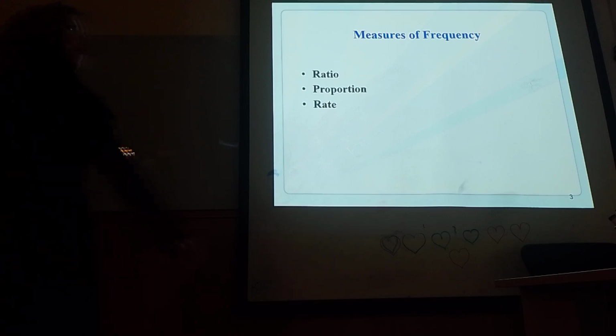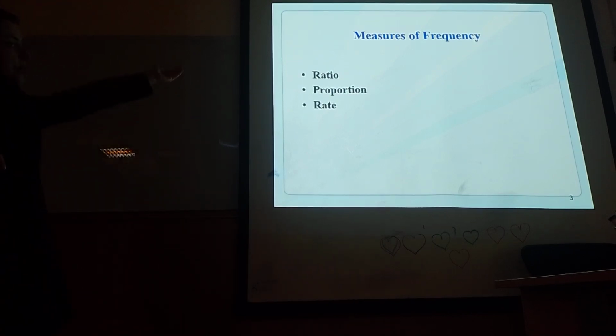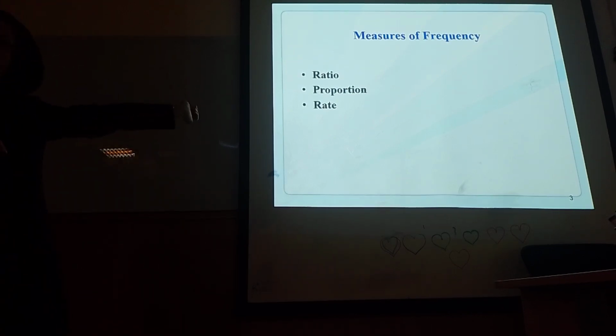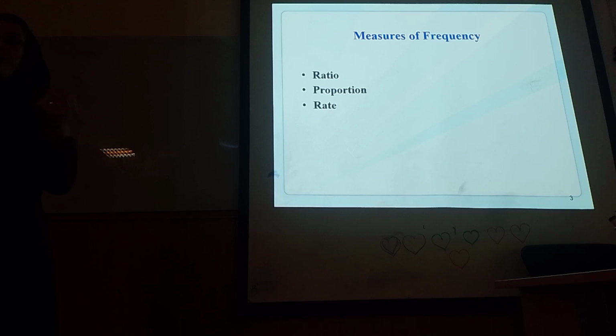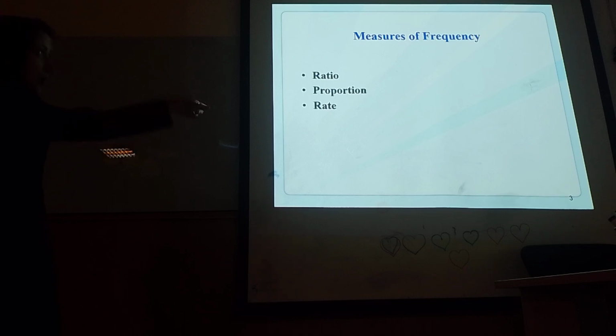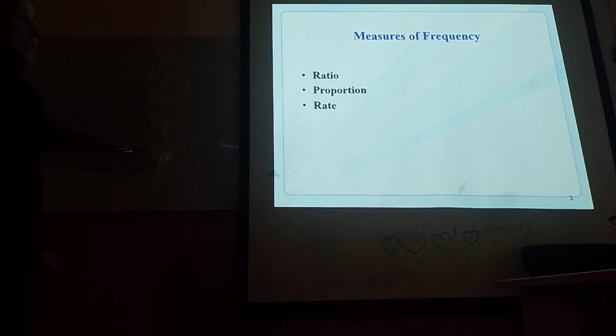Measures of frequency: ratio, proportion, and rate. These are three different tools for measuring, such as a meter. What is the difference between these three?